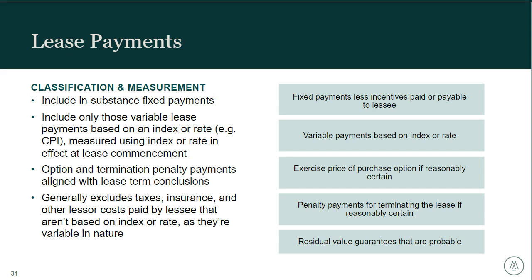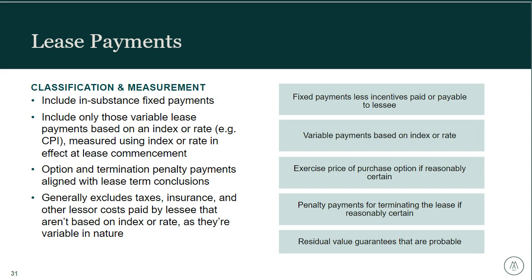Yep. So when we record these lease liabilities on 1/1/22, we're going to take the remaining lease payments and use that to calculate our liability. So what are lease payments? A lease payment is an in-substance fixed payment, or a variable lease payment based on an index or rate.